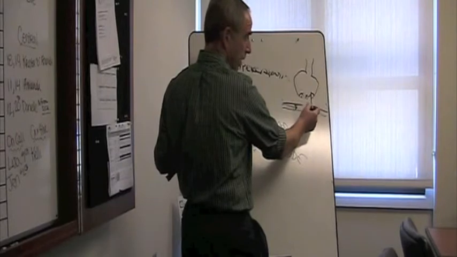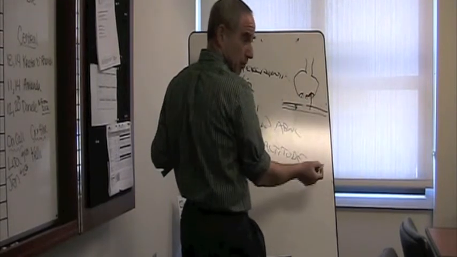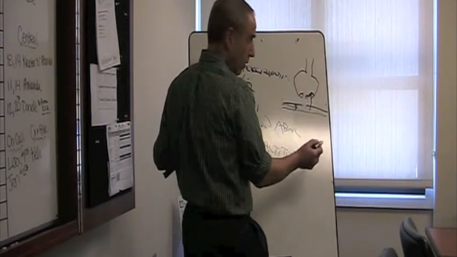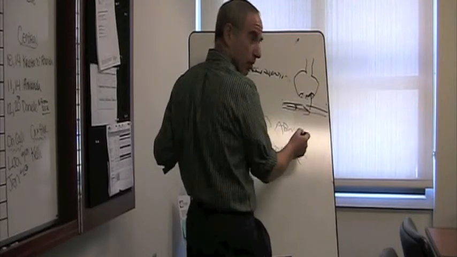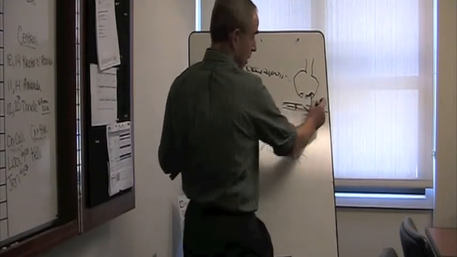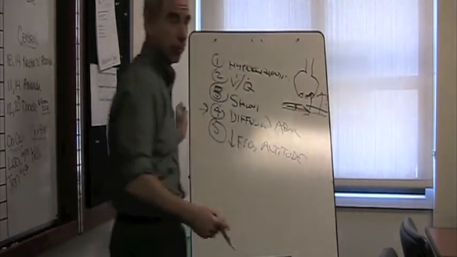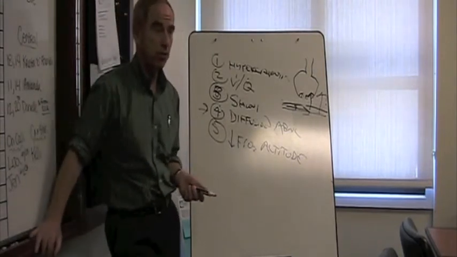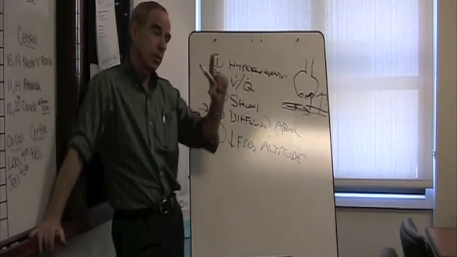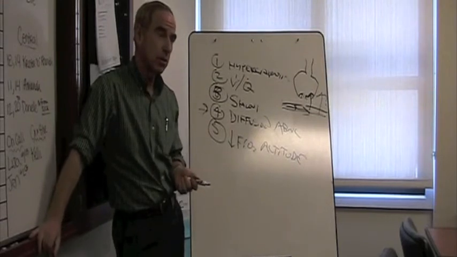So maybe when they're resting, it's three-quarters or 80% of the way, and as soon as they start exerting themselves, the blood flow increases, and now it's out here. So it never fully equilibrates because there's just too much flow, and there's too much distance for it to traverse.